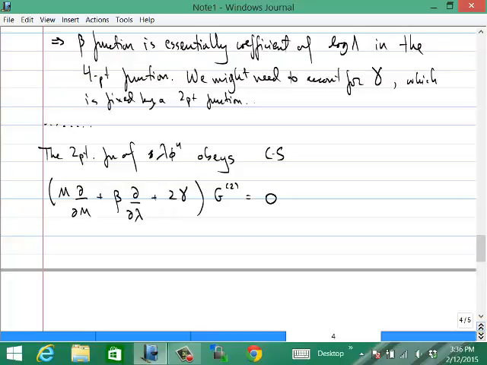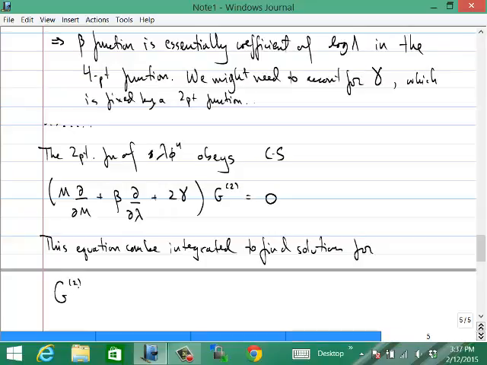But I'll just say that this equation can be integrated to find solutions for, say, the two-point function. The two-point function is interesting because if you think about it, in momentum space, the two-point function has to be a function only of p and m.